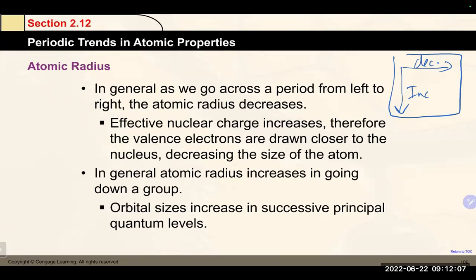Even the further electrons on the right-hand side and up on the periodic table, even though they're being shielded, because of that larger positive charge of the nucleus they effectively get a larger effective nuclear charge. So even though they're not feeling the full brunt of it, because there are so many protons, it's still enough to bring them in more than what you would see on the left-hand side of the periodic table.